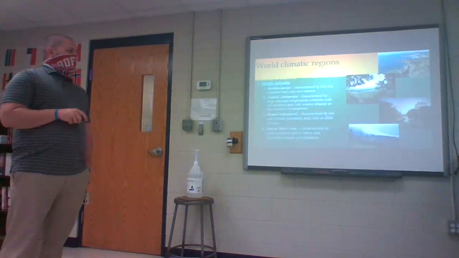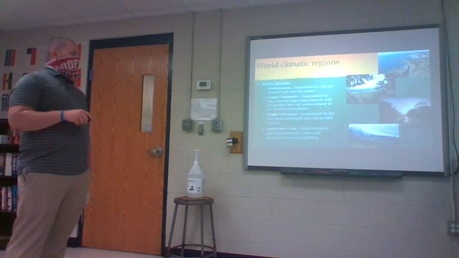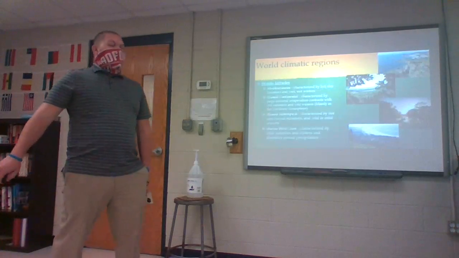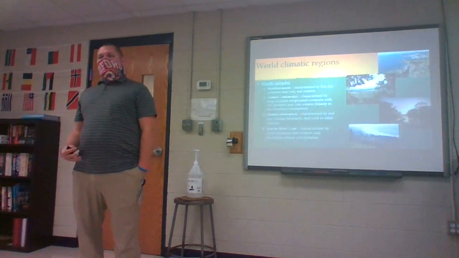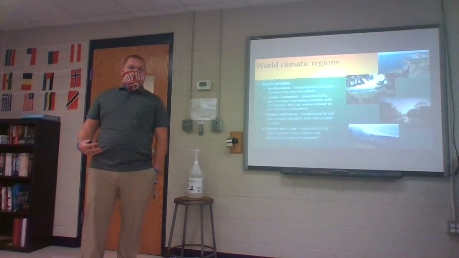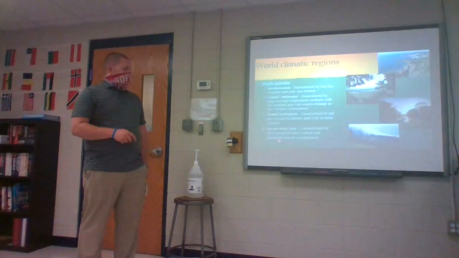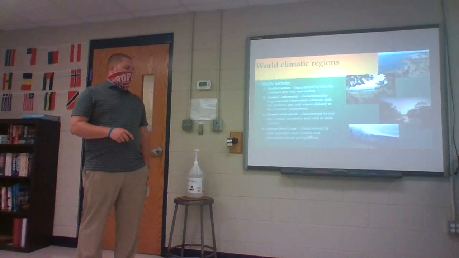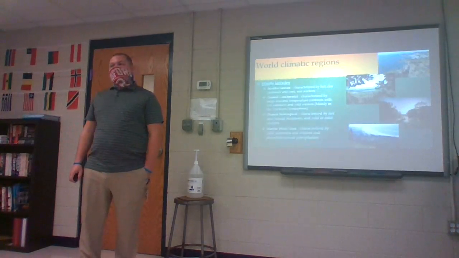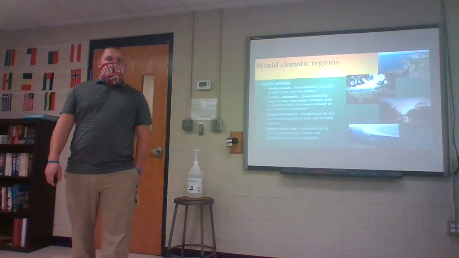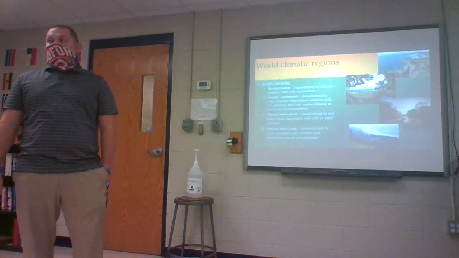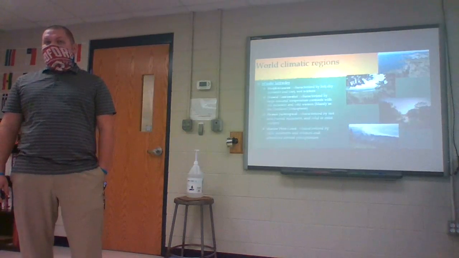Humid subtropical, this is hot and humid summers, cold to mild winters. This is like South Carolina down into Florida, Louisiana. Marine west coast is characterized by mild summers and winters and abundant annual precipitation. This is like Washington State, Seattle, where it rains all the time. Questions?